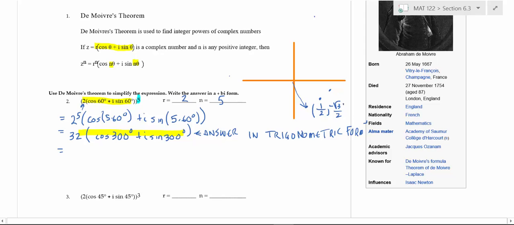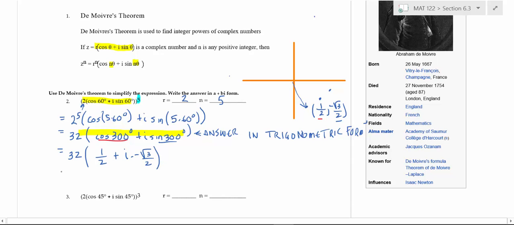So the cosine of 300 degrees is 1/2, and the sine of 300 degrees is negative square root of 3 over 2. All we have to do is substitute this in: 32 times 1/2 plus i times negative square root of 3 over 2.